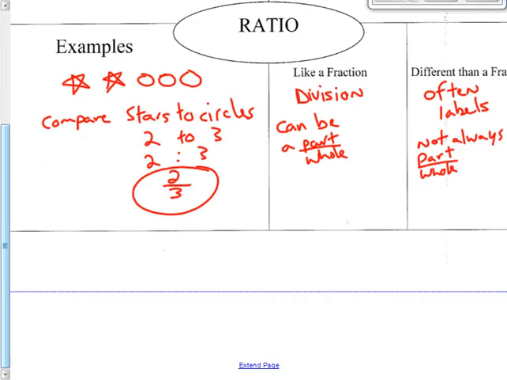Another way that it's different is that they have different ways to write. When we write a fraction, we usually write it with top number divided by a line and then a bottom number. When we write these, we can write them with the colon, or we can write them with the word 2 as well. So there's just different ways to write these things. Okay, so that's just a little bit of background on ratio.